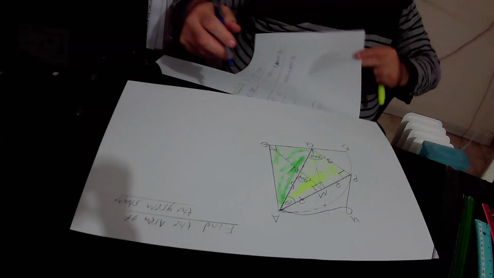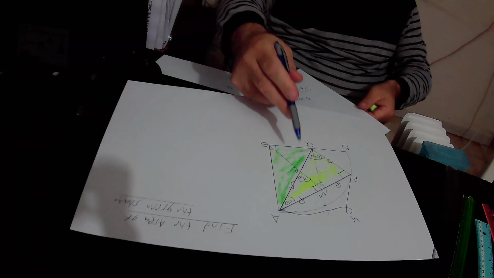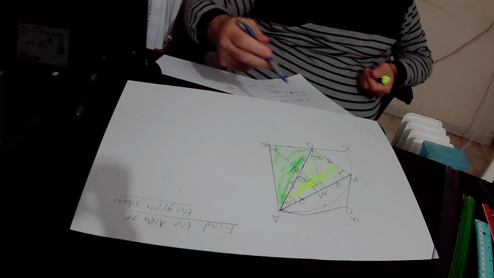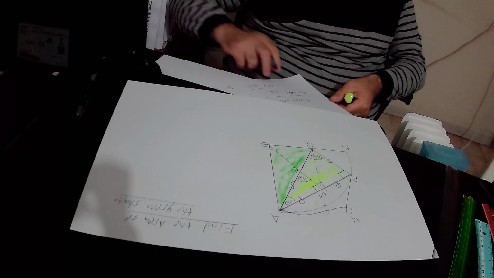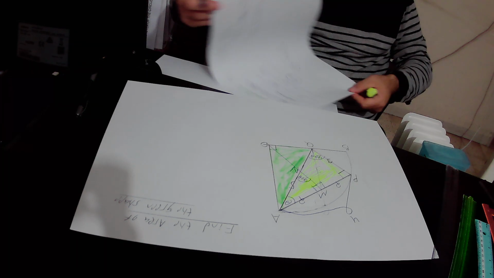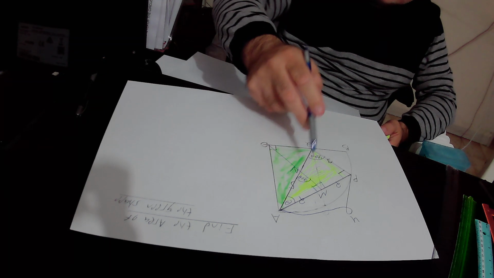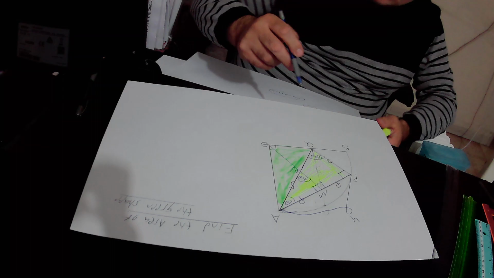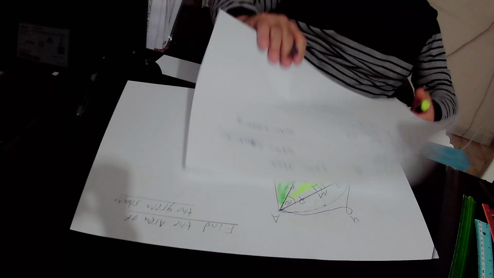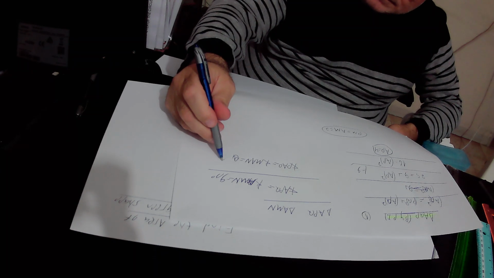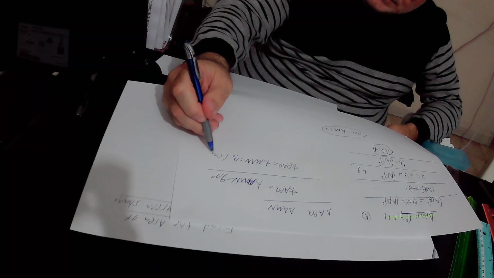It means that angle theta equals itself. Why? Because it is a common angle. Angle theta belongs to the right triangle AMN here, and angle theta also belongs to the right triangle APQ. So it is a common angle. It equals itself.